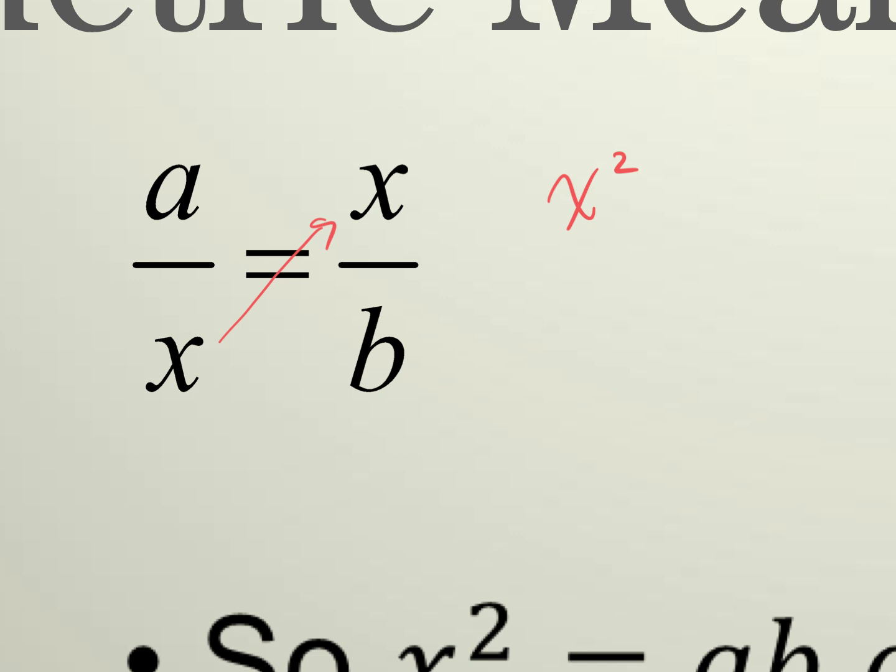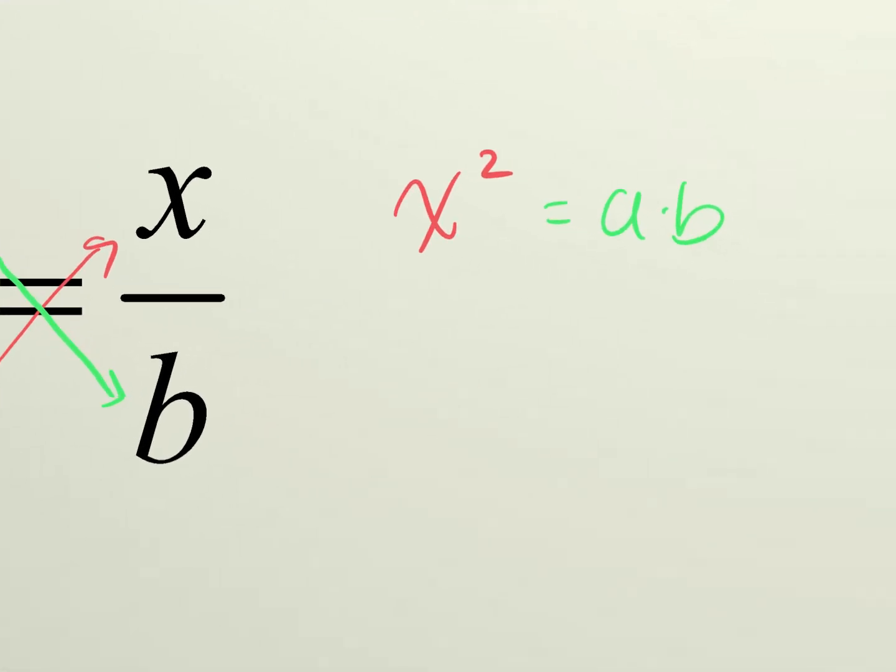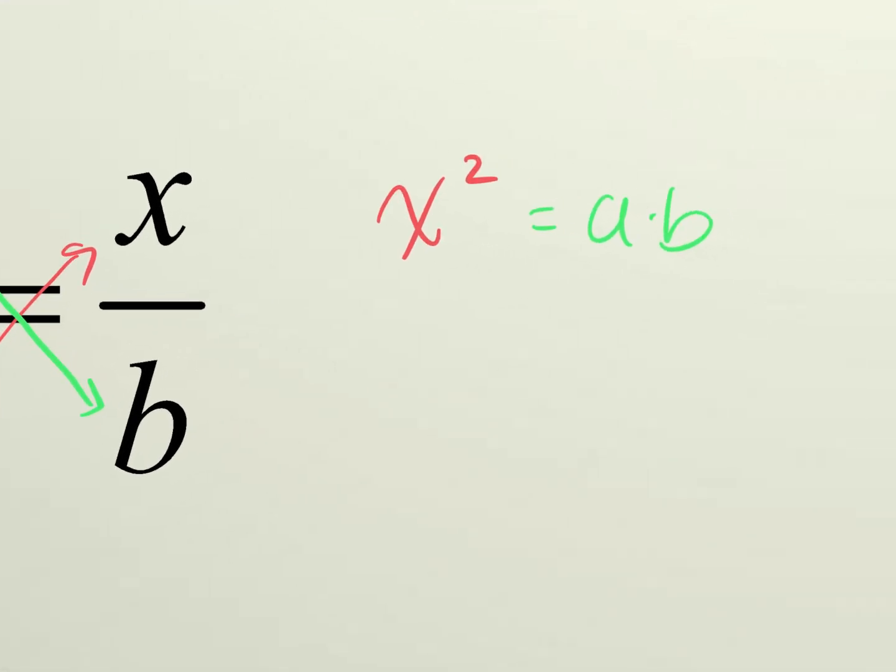What do I do next? A times B, right? What is A times B? There's A times B, right? All right, and we're still solving for X, correct? What would you do to solve for X? Take the square root of both sides.